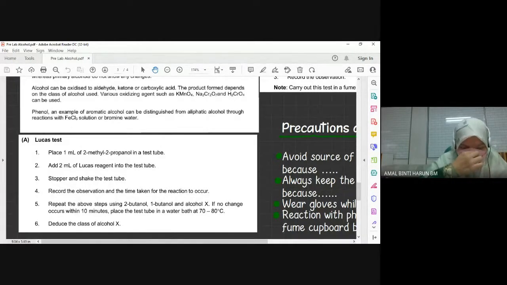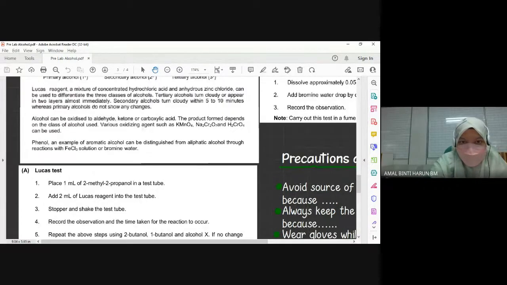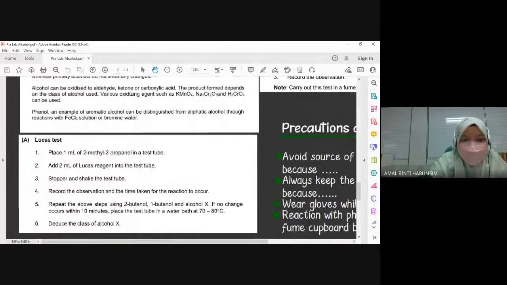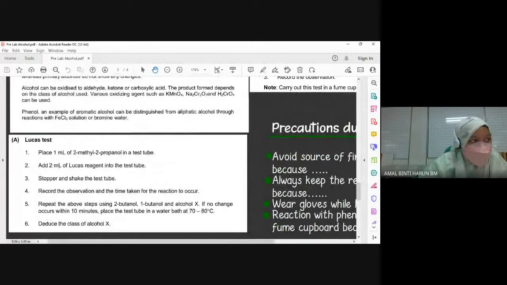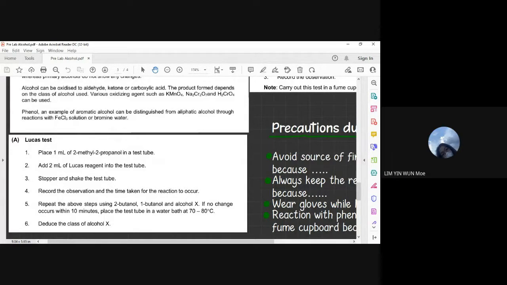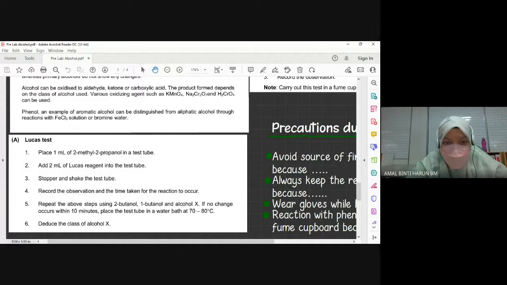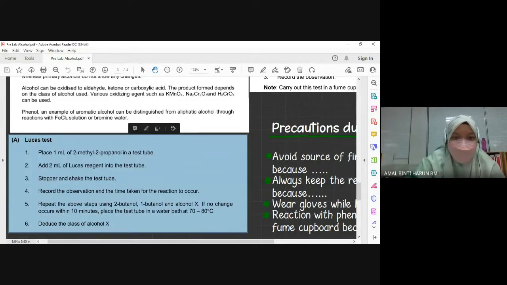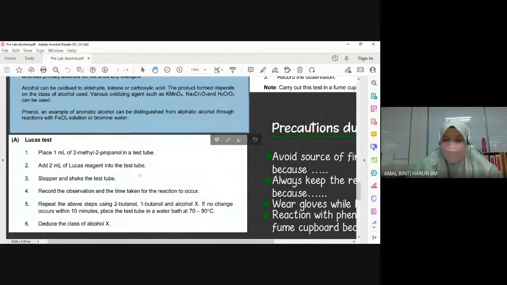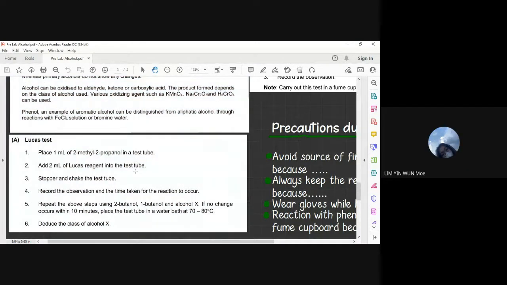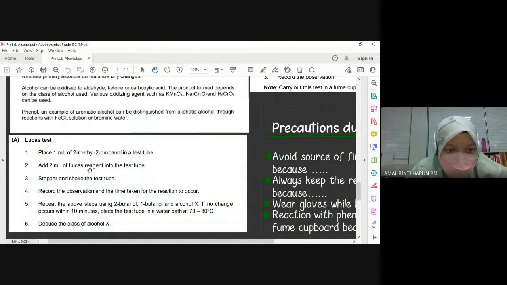You rasa kenapa? Kenapa? Is concentrated acid. What concentrated? Okay, datang daripada mana acid tu? Hydrochloric acid. Hydrochloric acid tu part mana? Ada tak dia kata Lucas reagent?